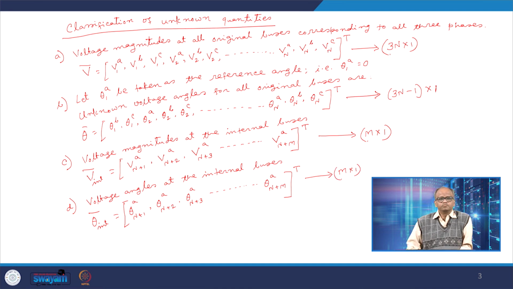So then therefore my unknown quantities are now basically represented into 4 sub vectors: v, theta, v int, theta int. V has got a dimension 3n cross 1, theta has got a dimension 3n minus 1 cross 1, v internal has got a dimension m cross 1, theta internal has got a dimension m cross 1.